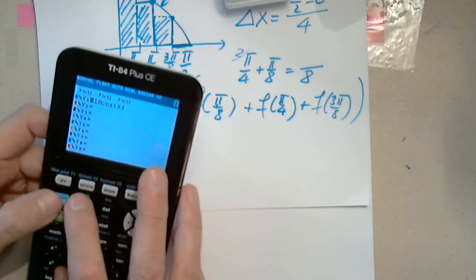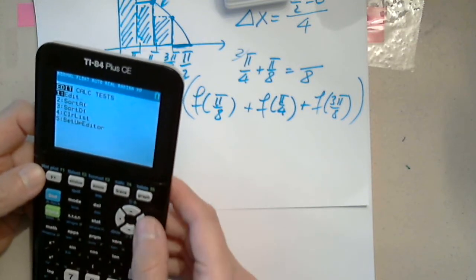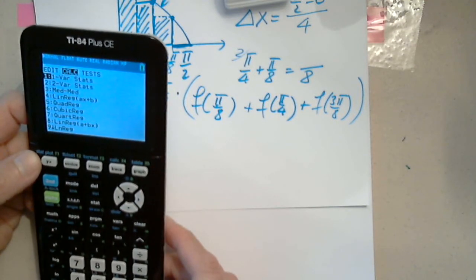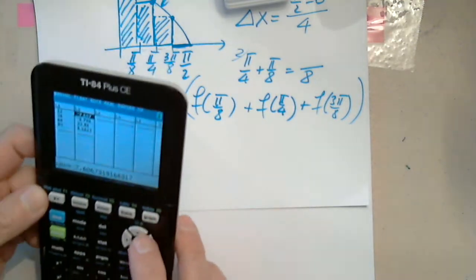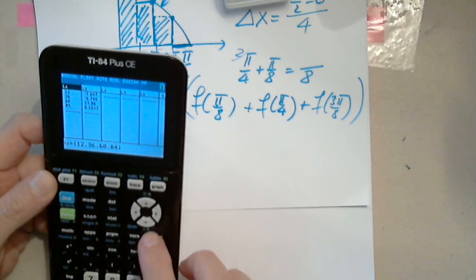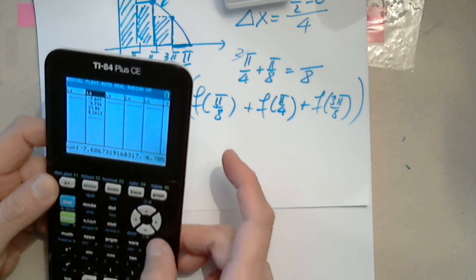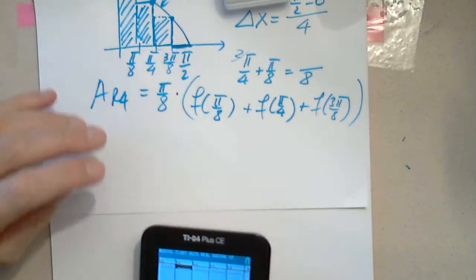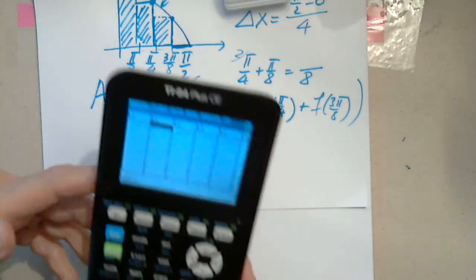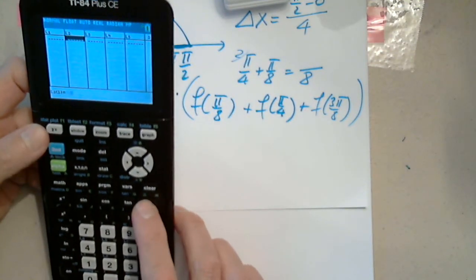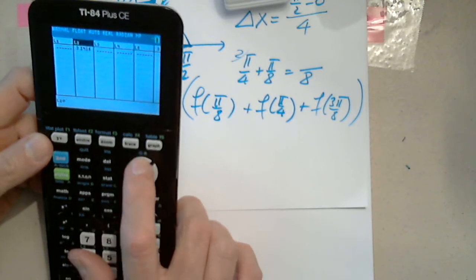I would like to create a list. So I'm going to edit. First, I have to clear everything I have here. So I'm going to create in list L1, I will put pi over 8, pi over 4, and 3 pi over 8.